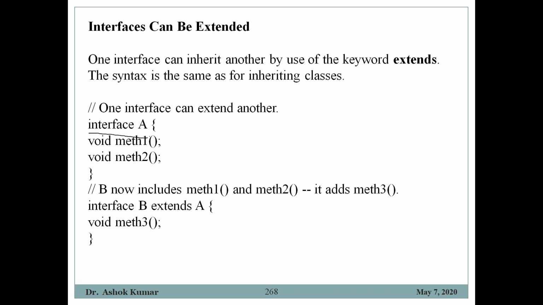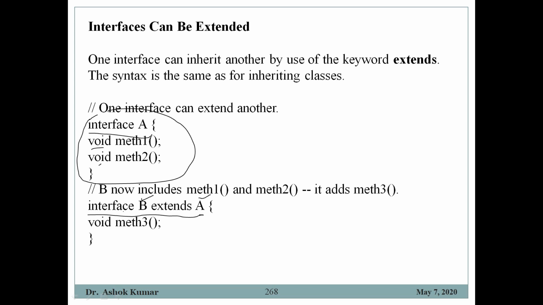This A is the interface. It has two methods, one is method 1, the other is method 2, both of return type void. And we are extending interface B from interface A, so you have to use the keyword interface, then the derived interface name, the keyword extends, then the interface A, and in this B interface we are adding another method, math3.